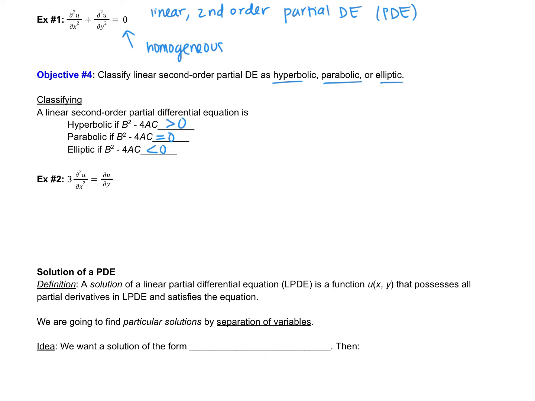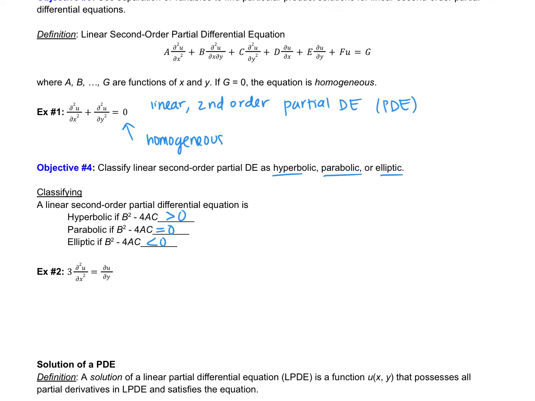Looking at example number 2, we need to put it into the form that we saw above. If we rewrite this, it is really 3 times the second derivative of u with respect to x, subtract the derivative of u with respect to y, equal to 0.